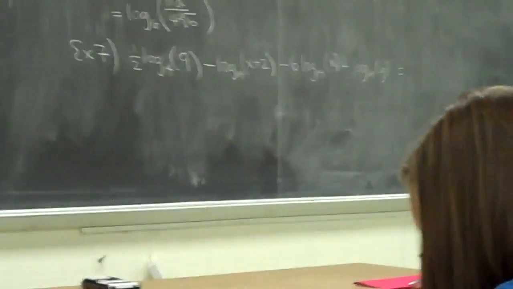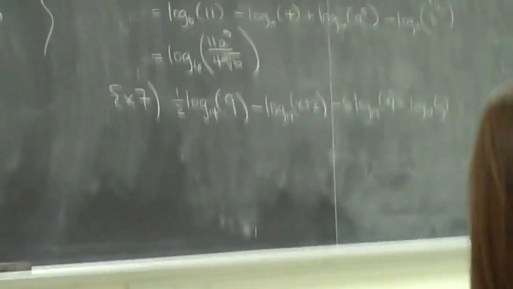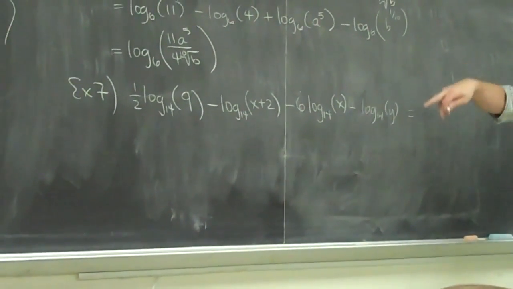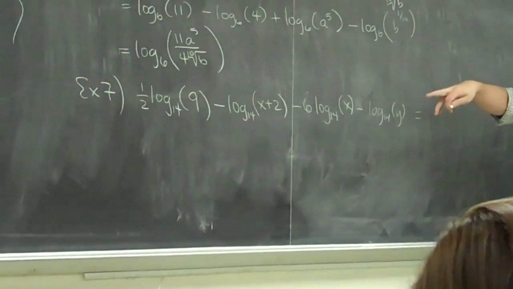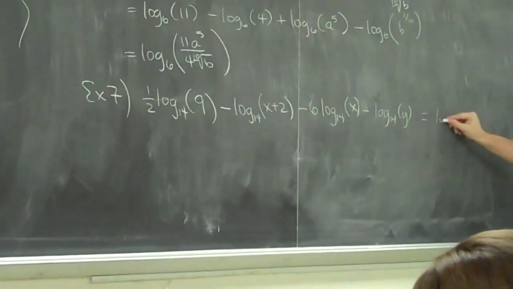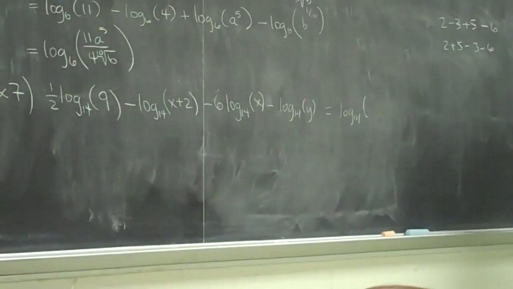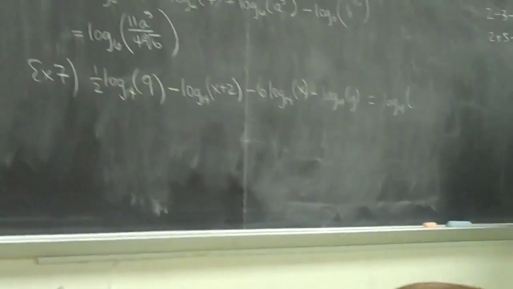So I think I've got room over here. I'm going to write it. Tackle coefficients first. Make all your coefficients exponents. So the first log can be rewritten as what? The log base 14 of, if you call it 9 to the 1/2 power, you might overlook some obvious facts.